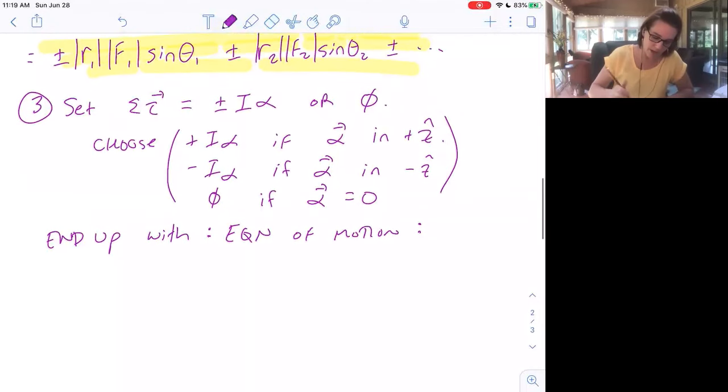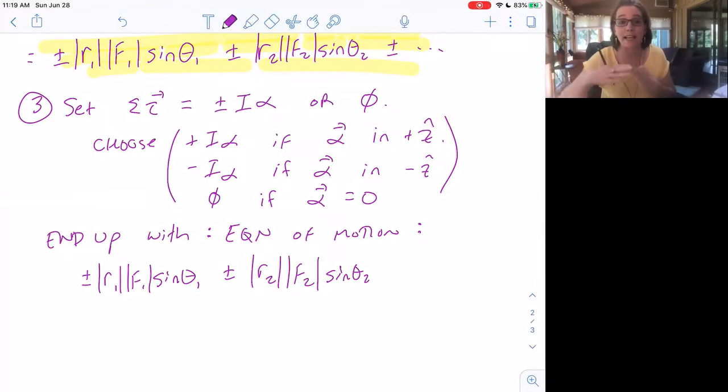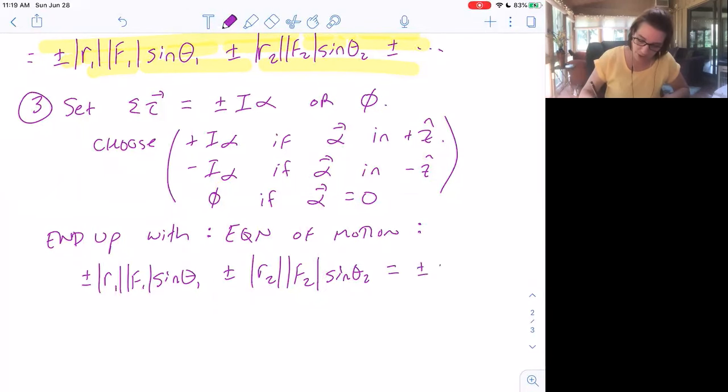So I would then have something that's going to look like plus or minus R1, F1 magnitudes sine theta 1 plus or minus R2, F2 sine theta 2. And remember, it's not always sine. I'm putting sine because theta 1 and theta 2 are specifically the angle between R and F, but that's not always the angle you're given in the problem. And then I'm going to say that that equals plus or minus I alpha.